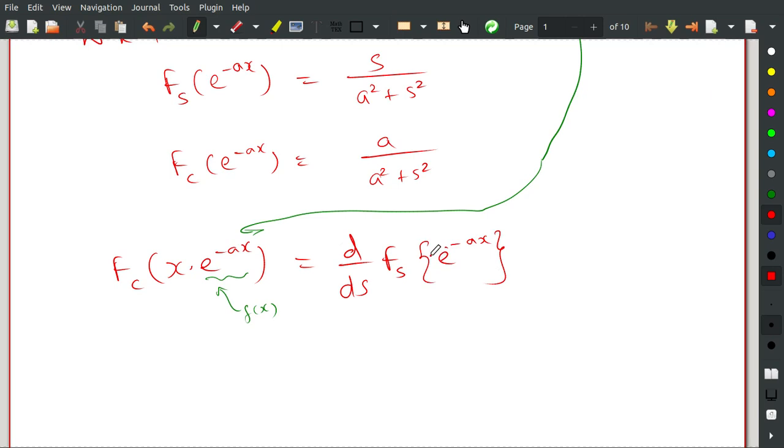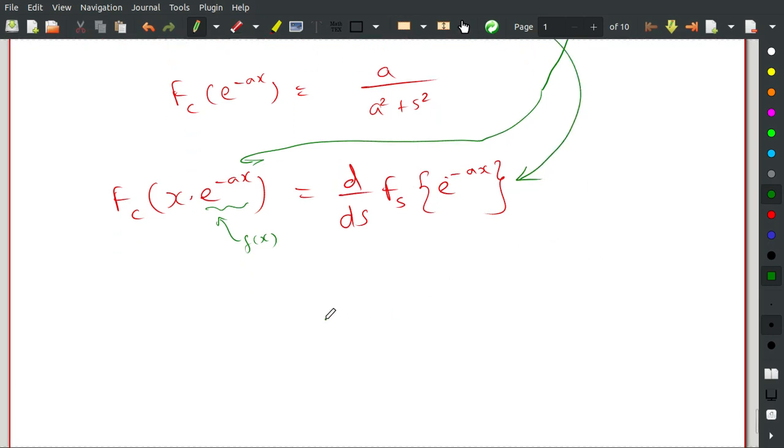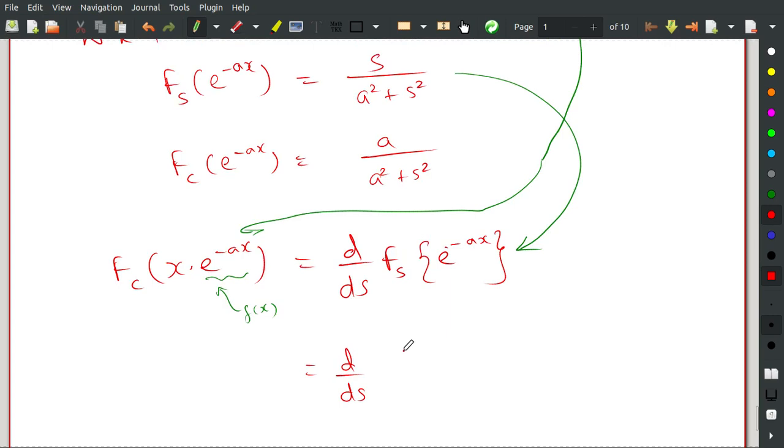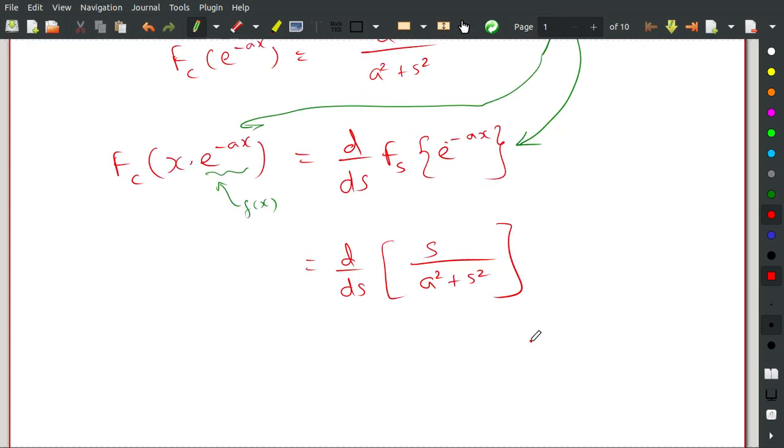Okay, and we know that the Fourier sine transform of this is nothing but this one. So we have to substitute this here. Therefore we have d by ds of s divided by a square plus s square. For this we have to use our u by v formula.